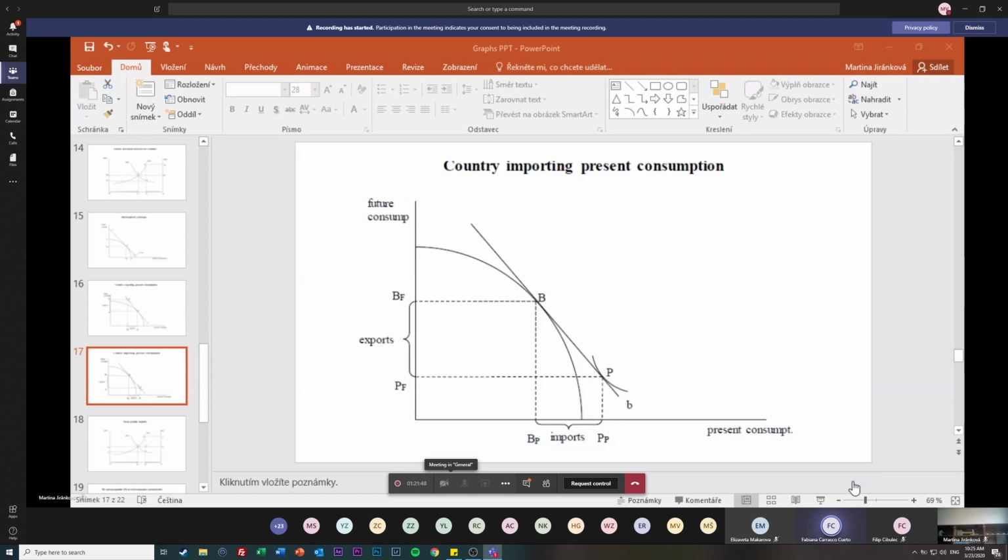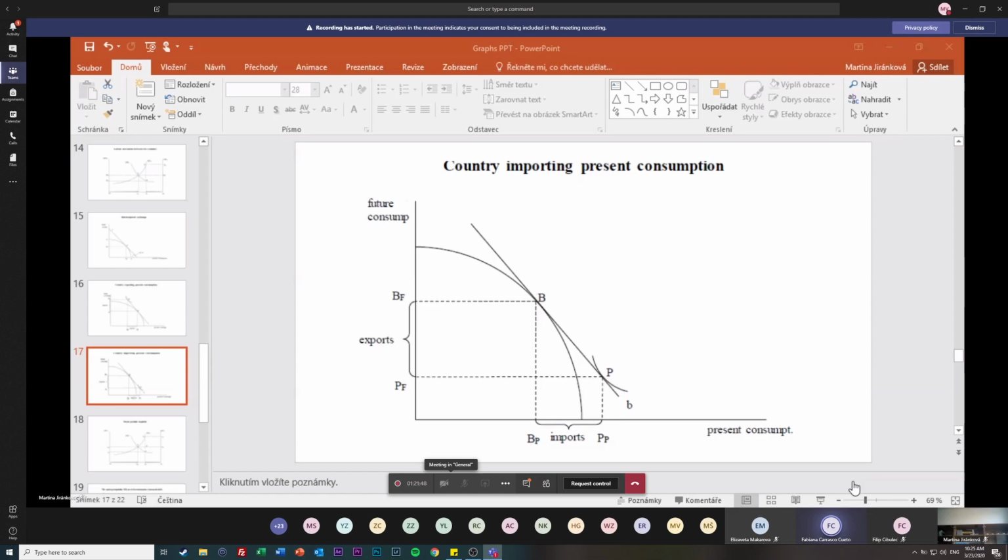On the other hand, the demand for present and future consumption is different. It's at the point P. You can see it's behind the PPF curve at the point P. This country is demanding some quantity of present consumption, PP, and some quantity of future consumption, PF.